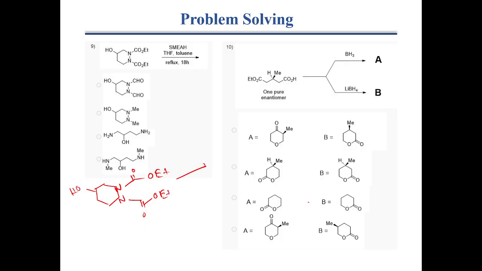In the presence of lithium aluminum hydride, two hydrides are there. One hydride is transferred to this ester, and this will go and remove ethanol.